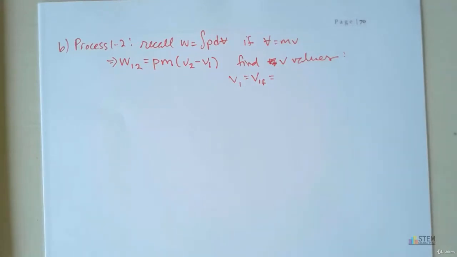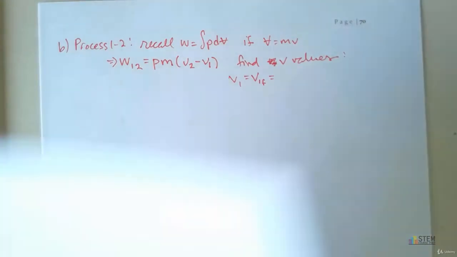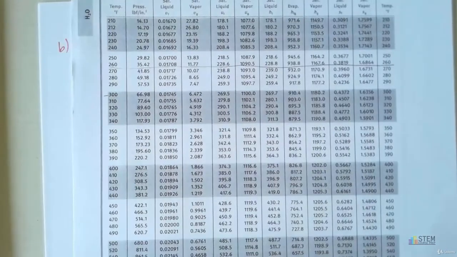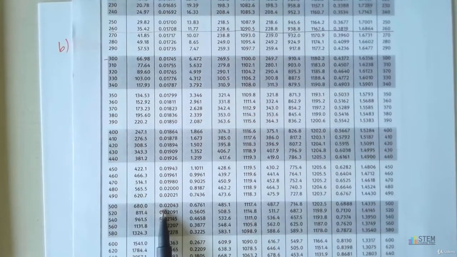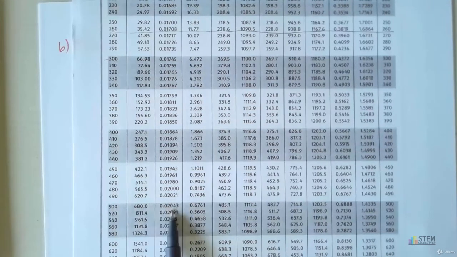So if you go into table A-2E, you can look up the temperature, which is 500, and you can get vf. Here's 500, work your way over. This one is vf, so it's 0.02043. We need that number.